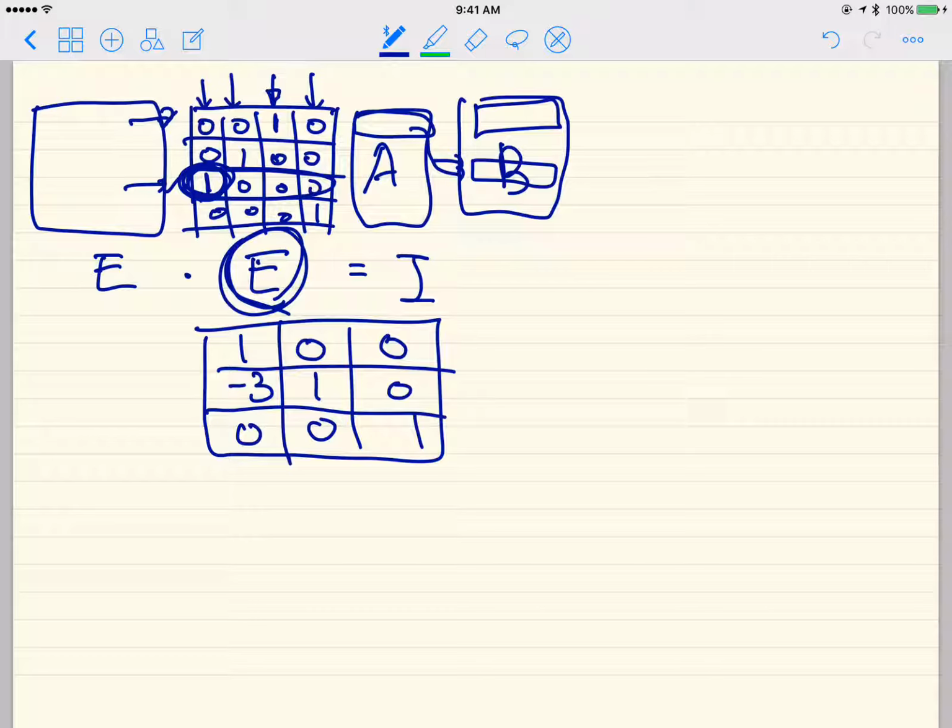How do we make the second row in this case? What is the operation? So what is this number? So we multiply -3 onto the first row and then add it to the second row. And then that will form our second row, right?